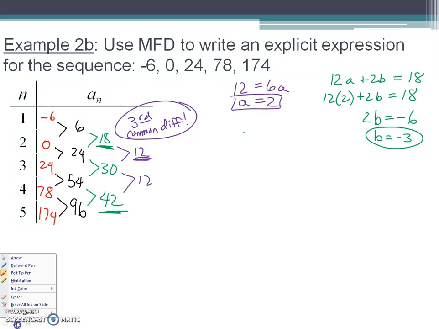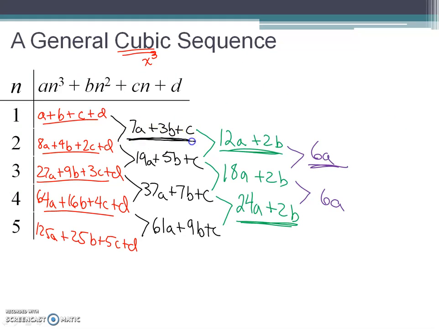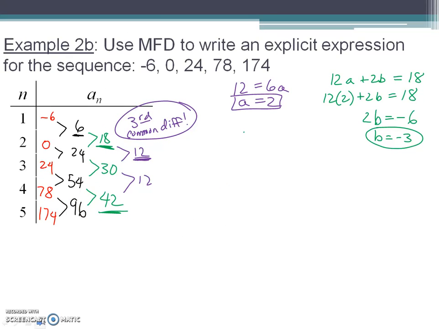So far, so good. Now let's go on to c. The c's are in black. Again, I'm going to choose the most accessible number. These have the smallest a's, b's, and c's, so I'm going to go with that. So we've got 7a plus 3b plus c is equal to, in this case, 6. Plug in 7 times 2, 3 times negative 3, plus c is equal to 6. Simplify. 14 minus 9 is 5. So 5 plus c is equal to 6. So c is 1.